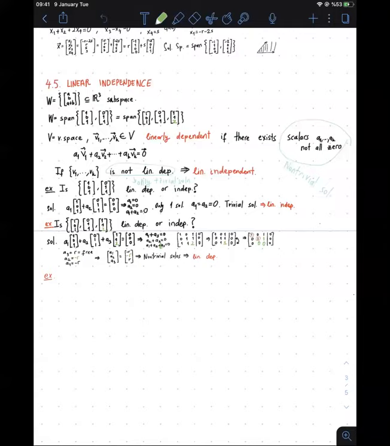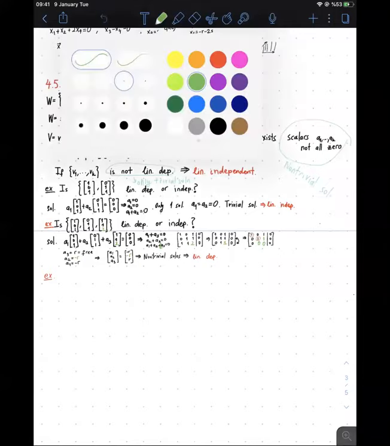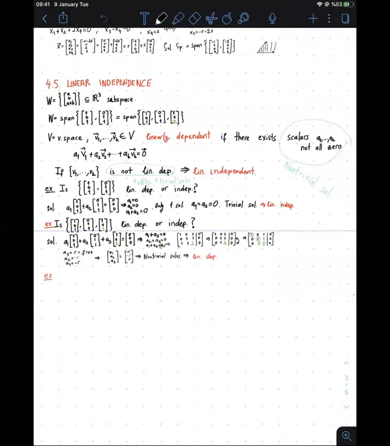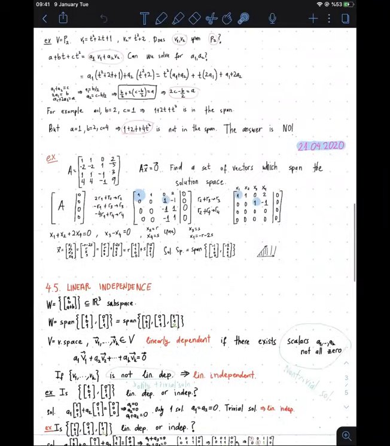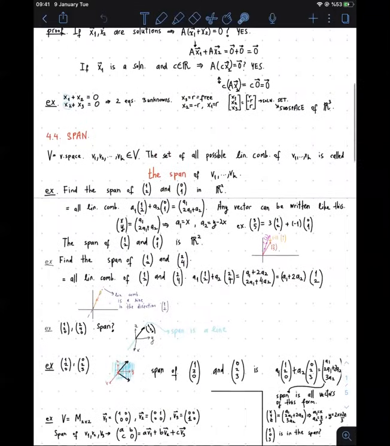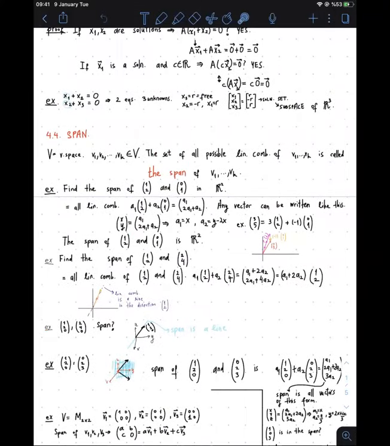We were doing this linear independence, right? Let's recall what we were doing. Last week we were doing this span of vectors. We have k vectors, and we consider linear combinations of these vectors.